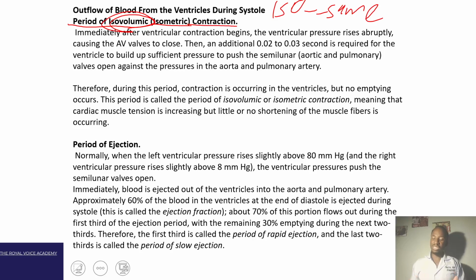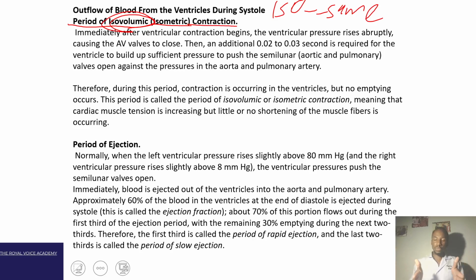Because the volume is the same, your muscles will begin contracting. They are not changing length, they are simply building up the pressure. The change in length would only come from the bulging when they were filling with blood. But now there's no change in volume, which means there is no change in length.